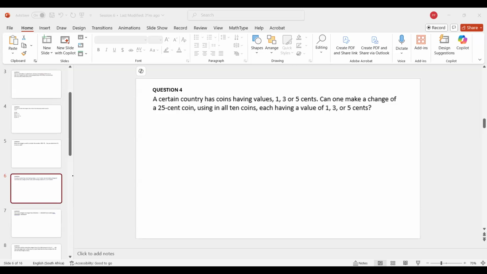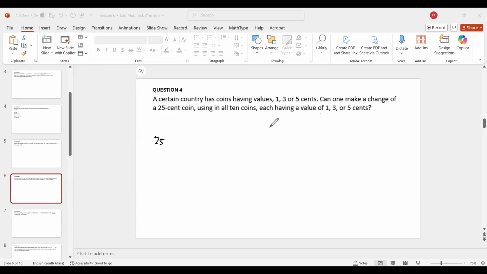Can one make change for a 25-cent coin? You've got a 25-cent coin. Those coins don't exist anymore.